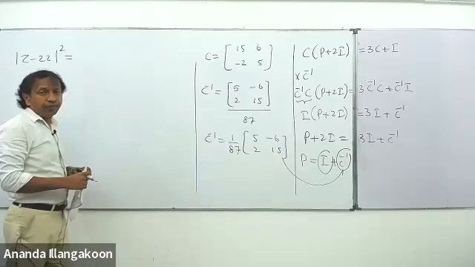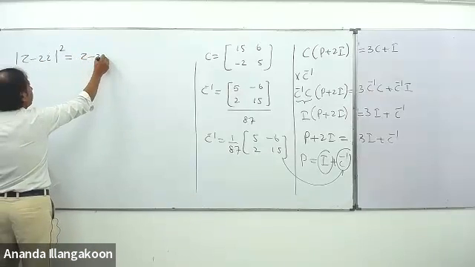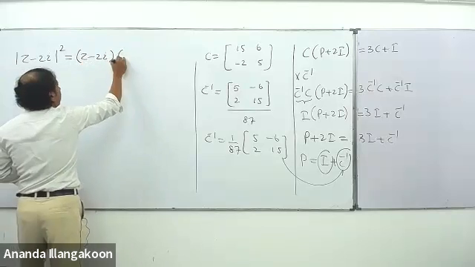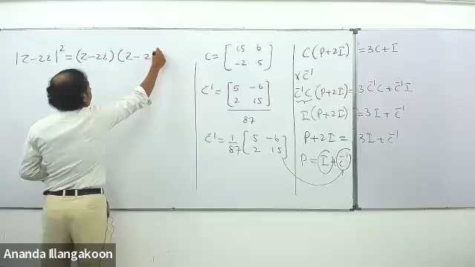How do we obtain a modulus squared? A complex number multiplied by its conjugate.